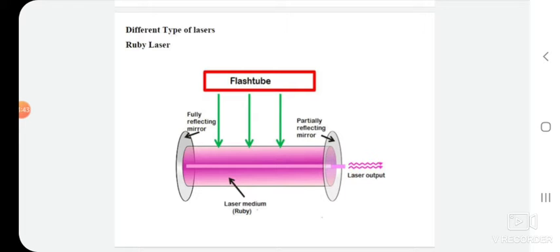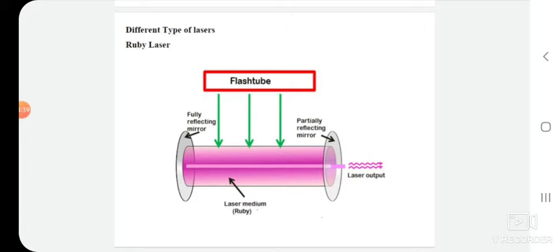Around the neck of the glass tube, the RF source and switching control is designed in order to switch the flashlight on and off for desired intervals for achieving pumping.